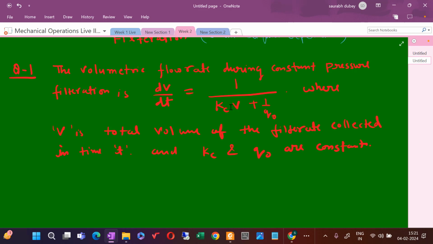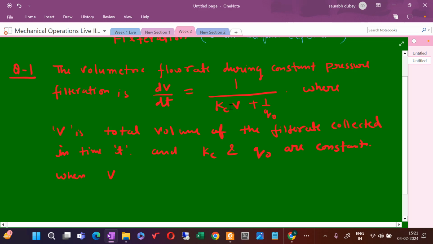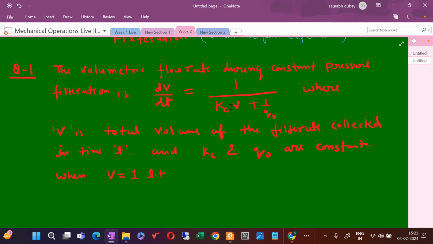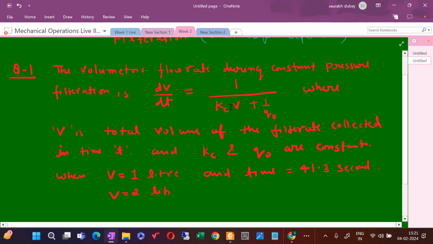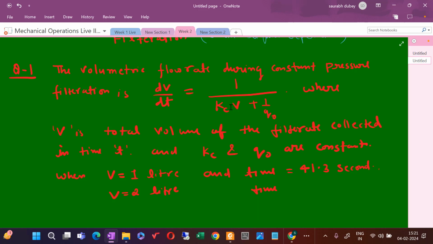When V equals 1 liter, time equals 41.3 seconds, and when V equals 2 liters, time is equal to 108.3 seconds.